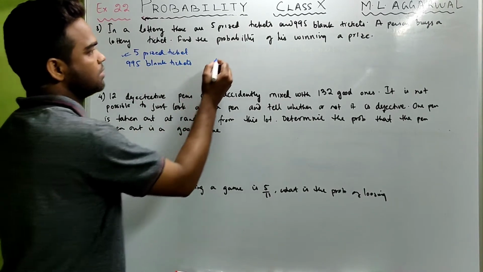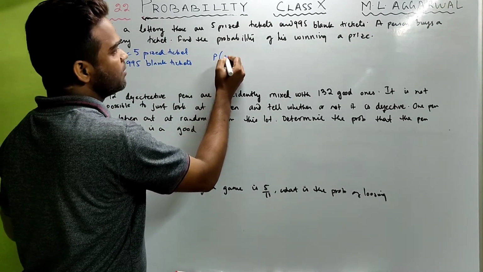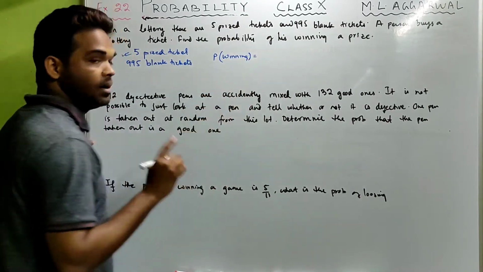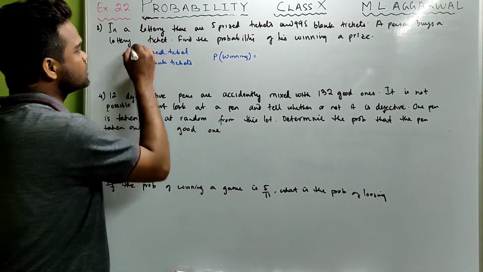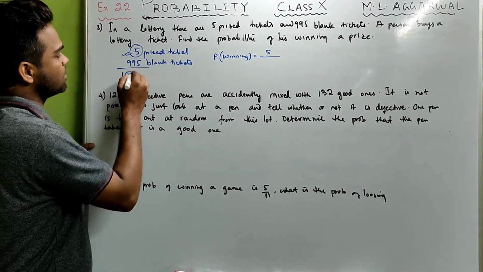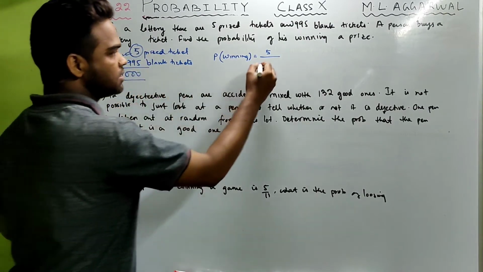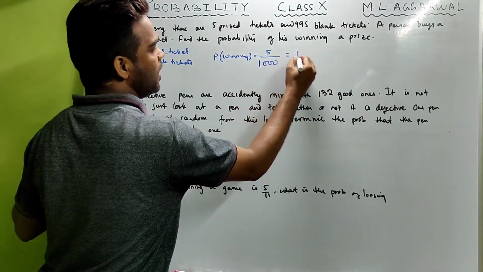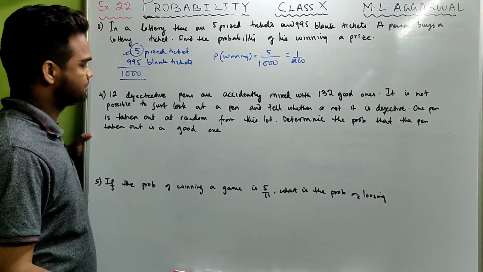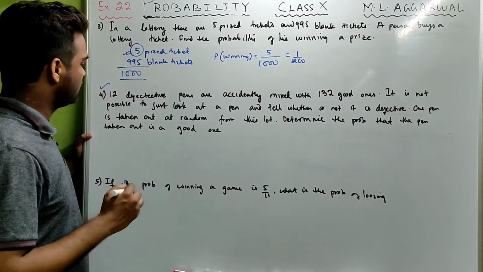Now look. Probability of winning a prize: number of favorable outcomes, which is 5, by total outcomes, and total outcomes is 1000, isn't it? So that's 1 by 200, isn't it?